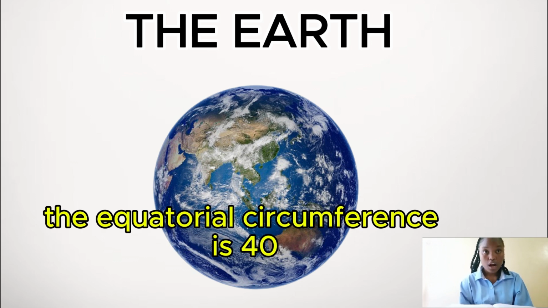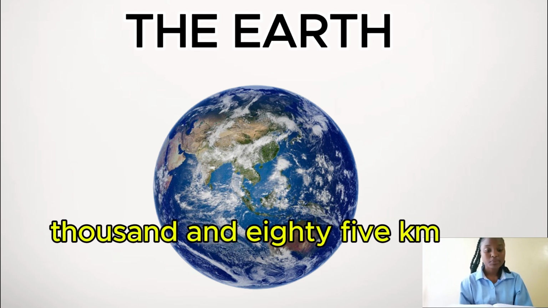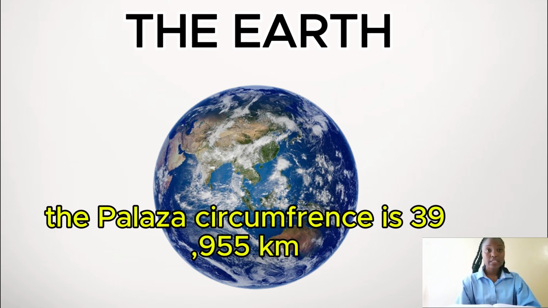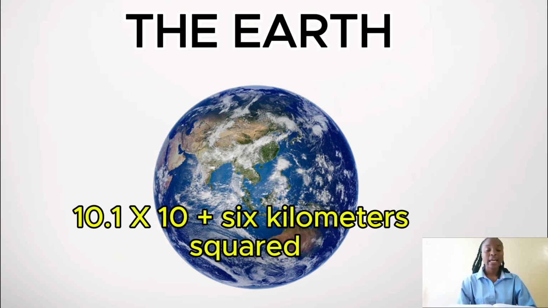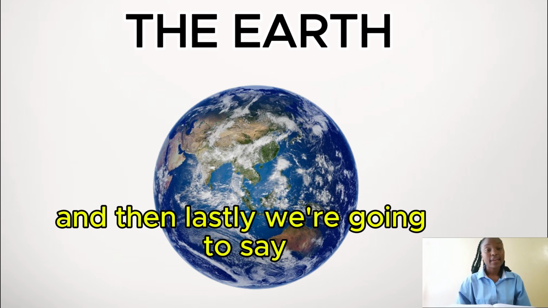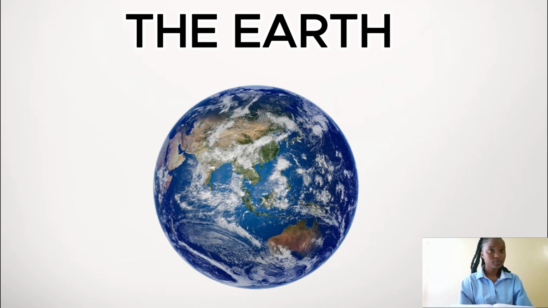The equatorial circumference is 40,085 kilometers. The polar circumference is 39,955 kilometers. A surface area is 510.1 times 10 power 6 kilometers squared. And then lastly, we're going to say that 75% of the earth is covered with water.